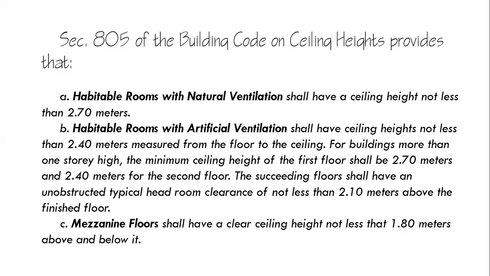Okay, so this is just on ceiling heights. Habitable rooms without natural ventilation, meaning no aircon, should have a ceiling height of not less than 2.7 meters.